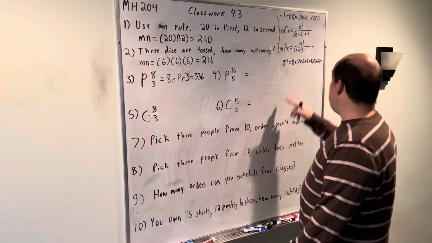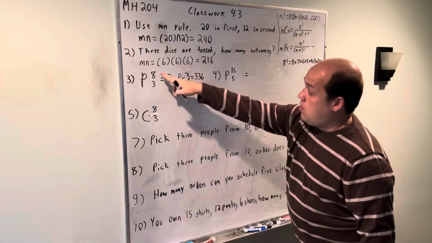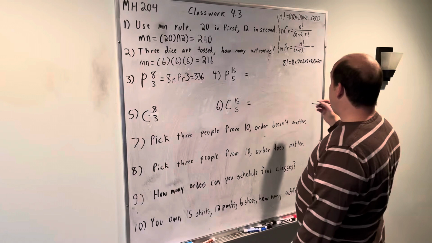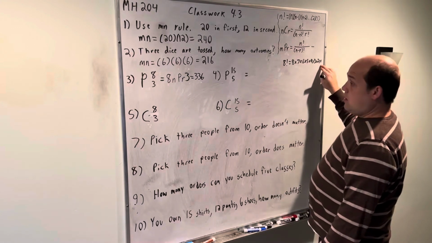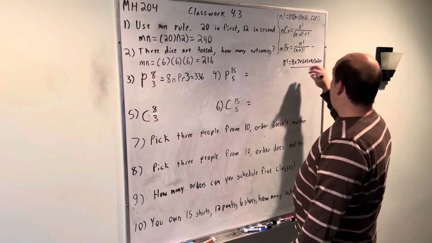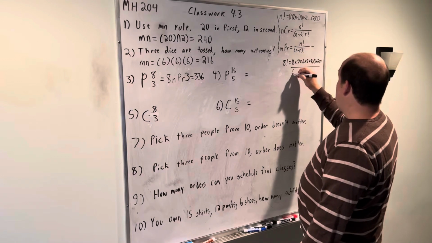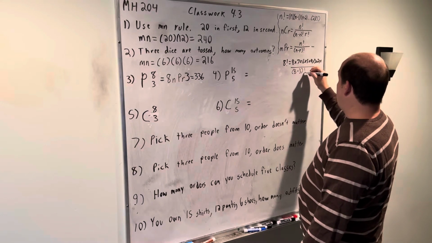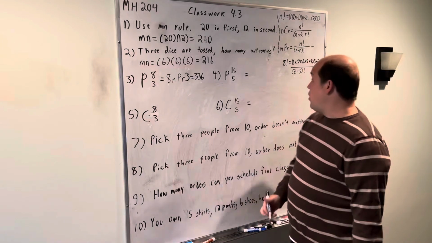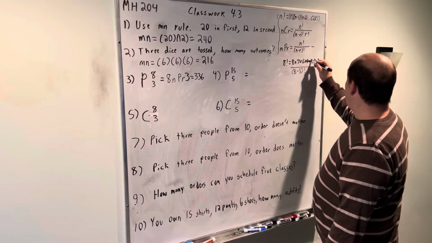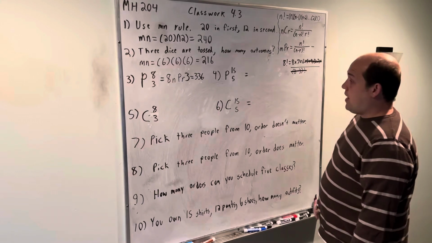What the calculator really did there was apply this formula. It said NPR of 8 and 3 would mean that I do 8 factorial, which I've written out here, divided by n minus r factorial, or in this case, 8 minus 3 factorial. 8 minus 3 factorial is really 5 factorial, which means it would get rid of this 5 times 4 times 3 times 2 times 1, because it would be the same on top and bottom.